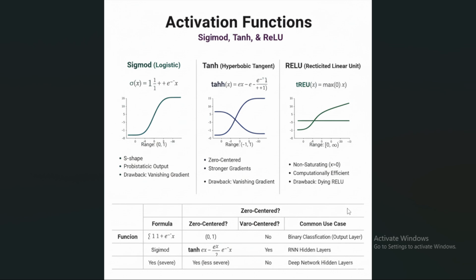The sigmoid range is 0 to 1, and Tanh is zero centered with stronger gradient, range between -1 to 1, and ReLU range is 0 to infinity, not zero centered.